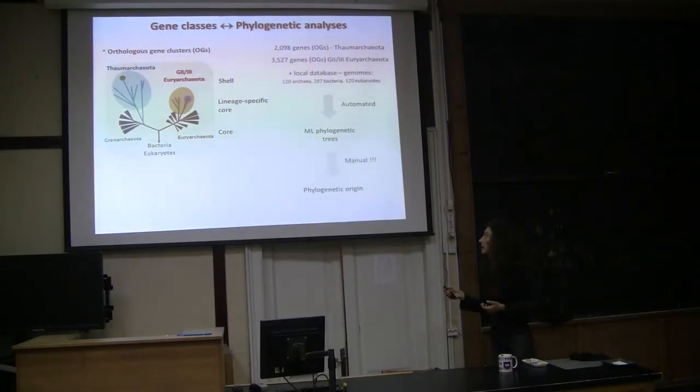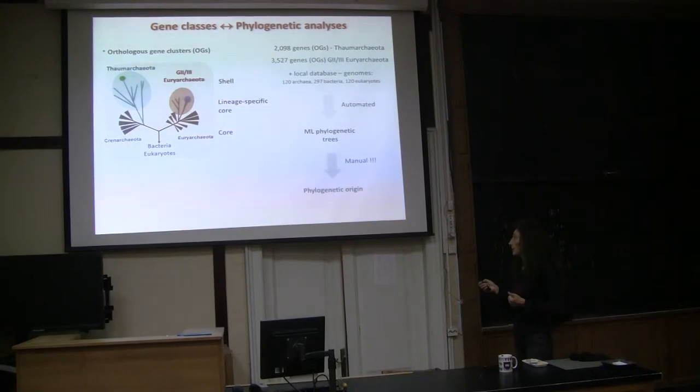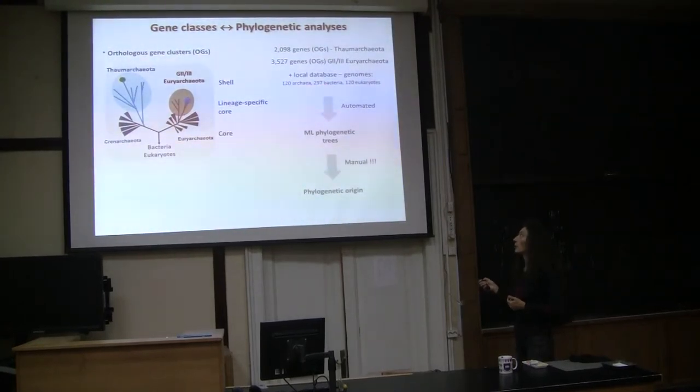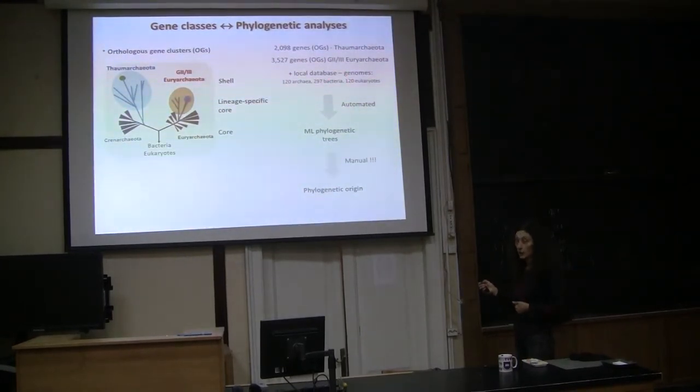Then we included all the orthologous genes that we had identified for the Thaumarchaeota and the Euryarchaeota, and added them to our local database that contained several hundred genomes from Archaea, bacteria, and eukaryotes. With that we made phylogenetic analyses using maximum likelihood in an automatic mode.